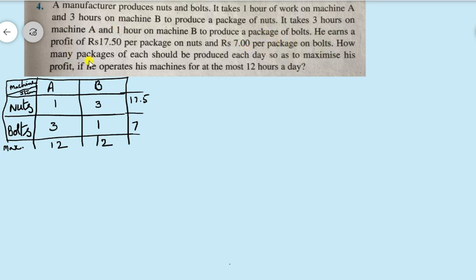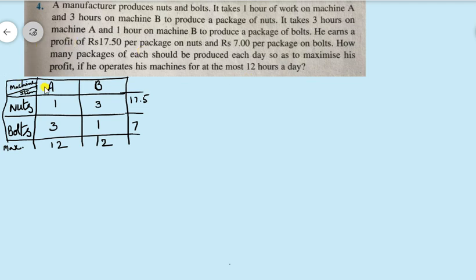He earns a profit of 17.5 rupees per packet on nuts, 7 rupees per packet of bolts. How many packets of each should be produced each day so as to maximize his profit? He operates his machines for at most 12 hours per day.